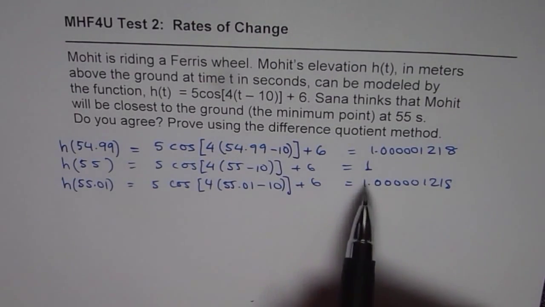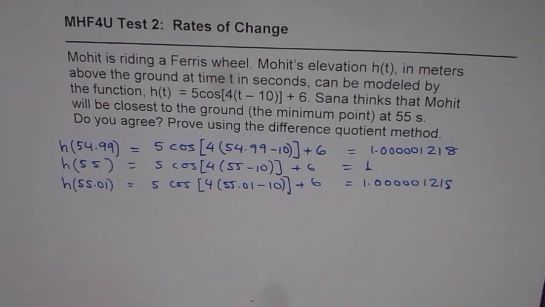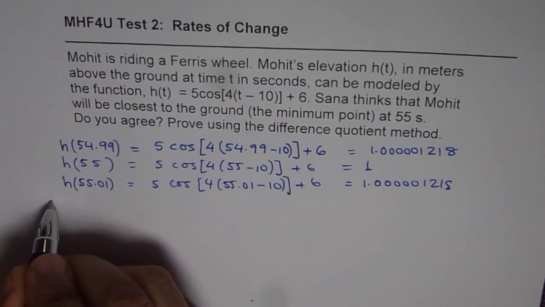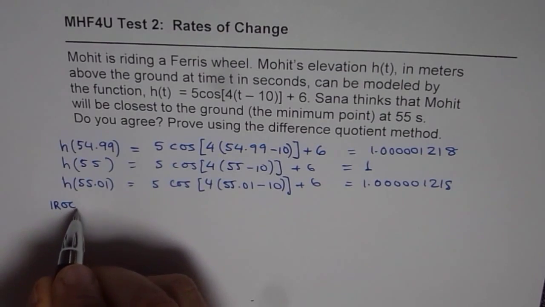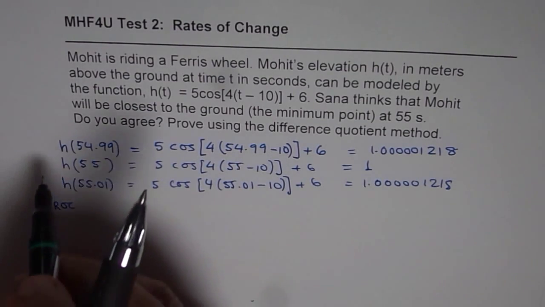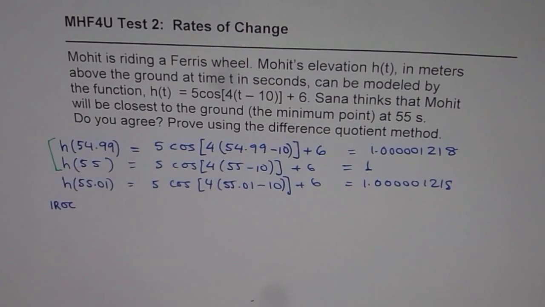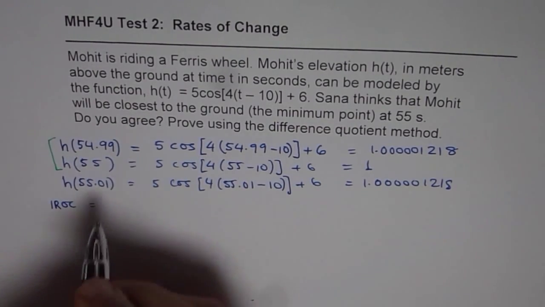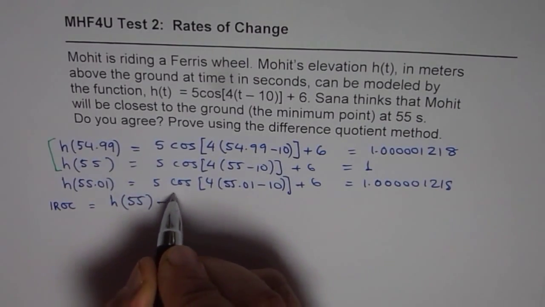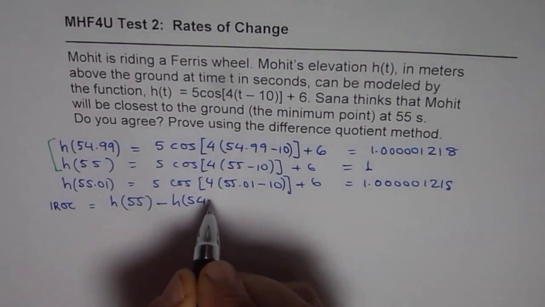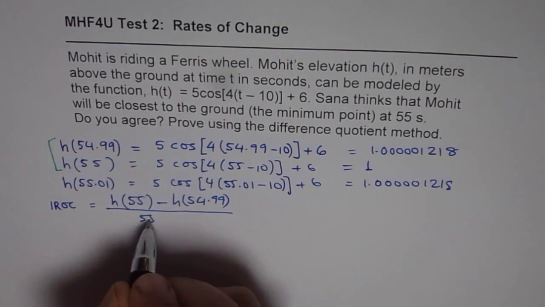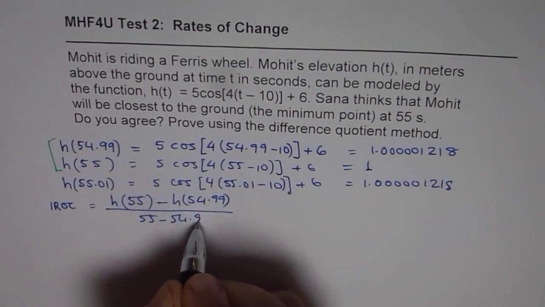Now let's find the preceding and the following rate of change, right? Let me write instantaneous rate of change for the first set. The preceding rate of change, we will consider these 2 points, correct? Which should be equal to h of 55 minus h of 54.99 divided by 55 minus 54.99.